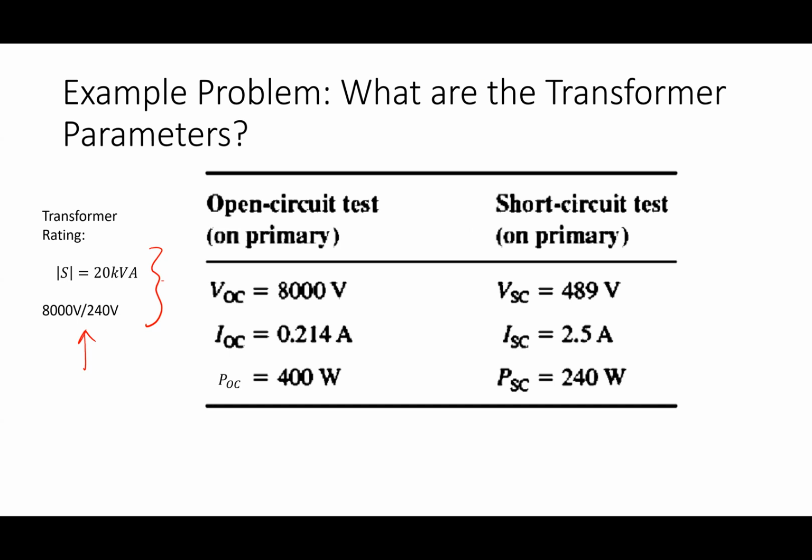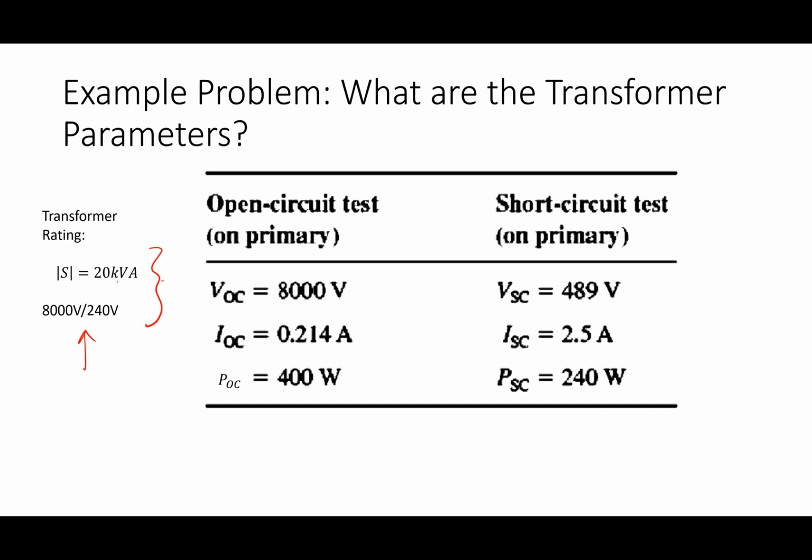Okay, so these are the results I get. Notice V short circuit is a lot smaller than V open circuit. V open circuit was the rated voltage, 8,000 volts. V short circuit is much, much smaller, to make sure that my short circuit current is the rated current. You could see that if you did the math. With 20 kVA, how would I get the rated current?